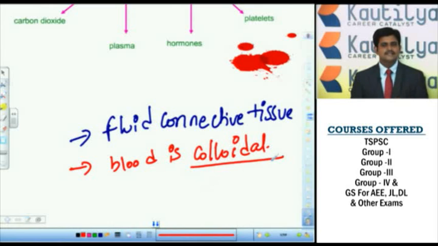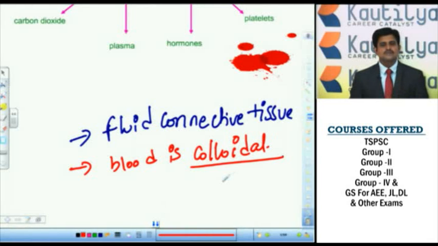Colloidal in nature means we know that blood consists of different types of cells like RBC, WBC and platelets, and a combination of these cells is in the form of a solid state. When these solids are dissolved in the liquid part of the blood, that solution we call a colloidal solution.